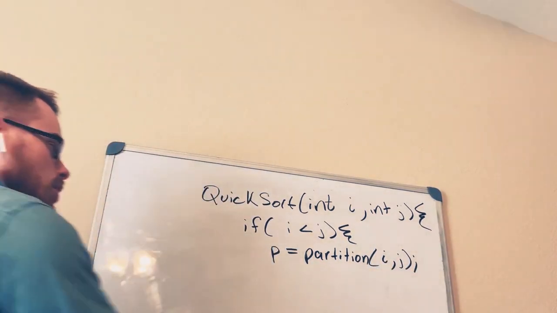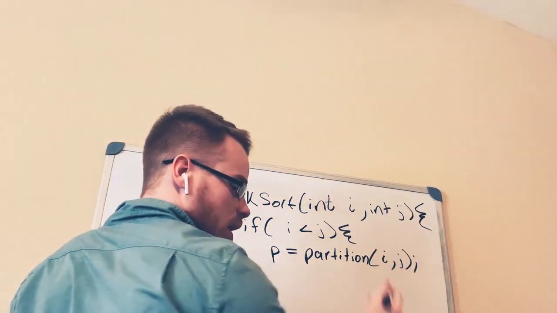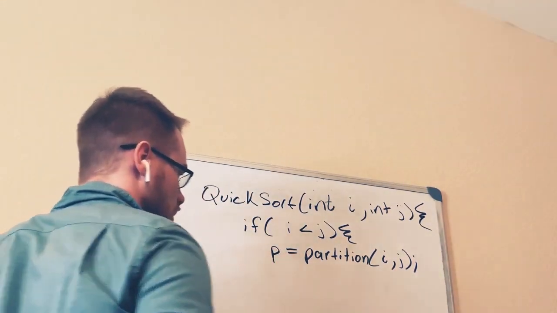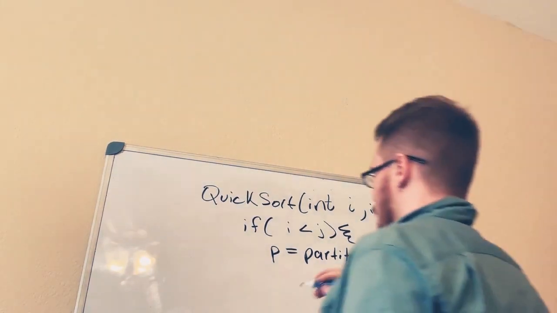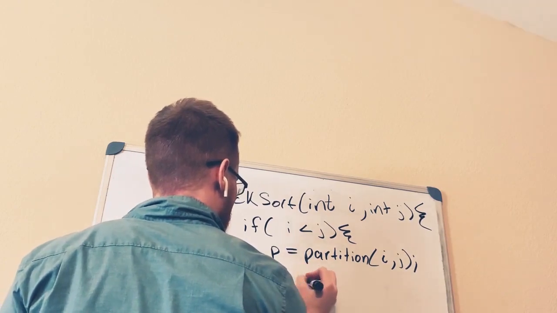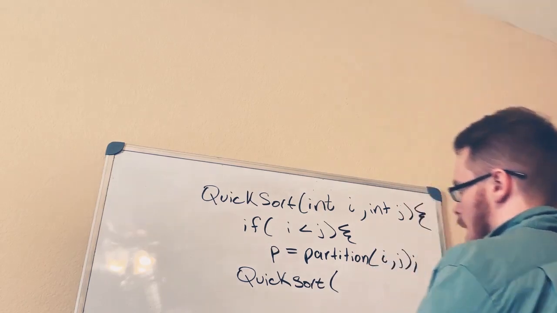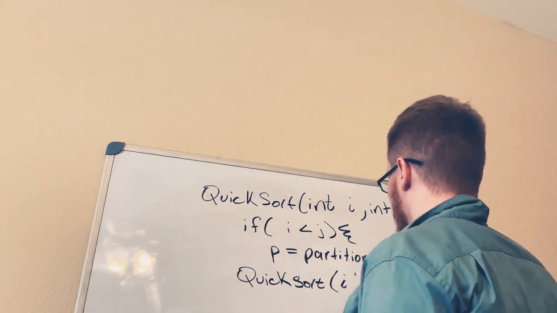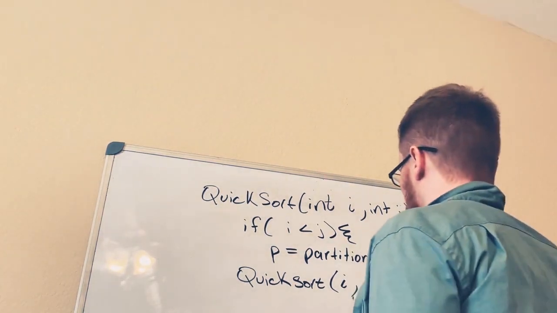This will be returning that j value that we found, that partitioning index, but I'm going to store it as the letter p. This is the method that we just went over. And then as soon as we get that, this is where we're going to recursively call quicksort. We're going to pass in i, which is always the lowest index in the array.